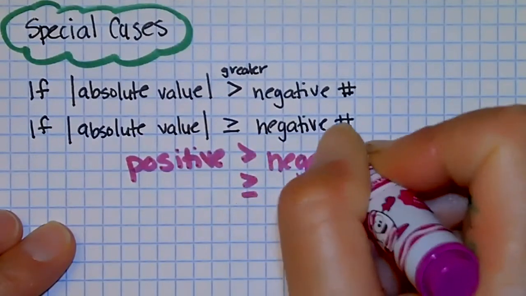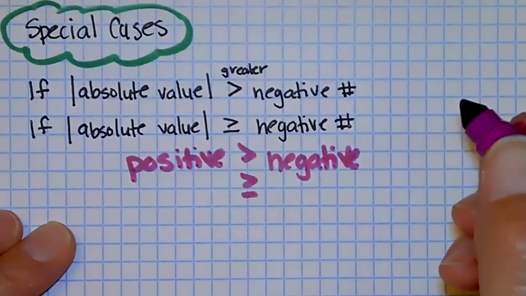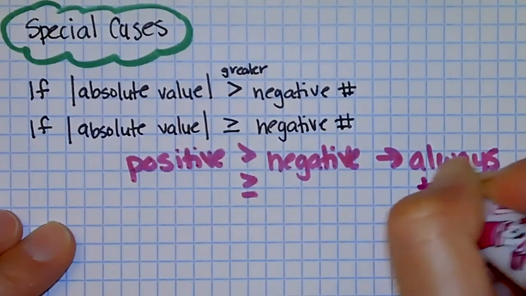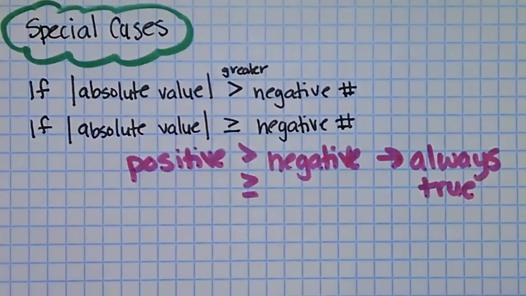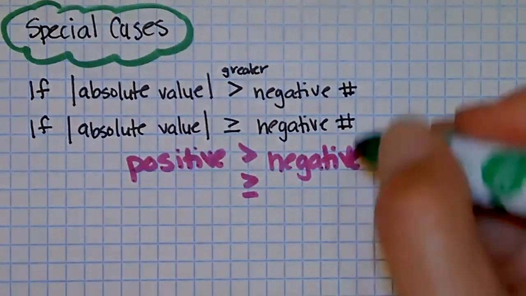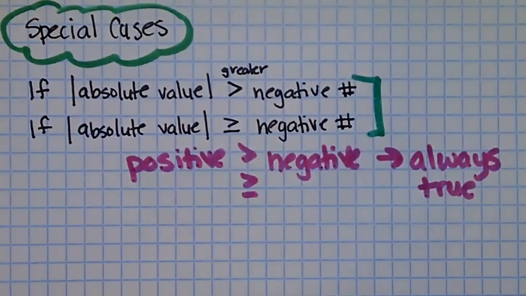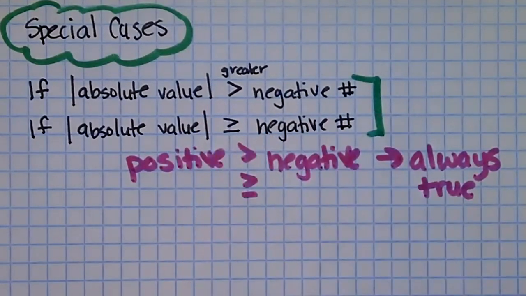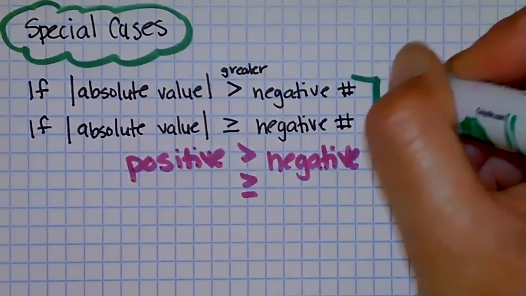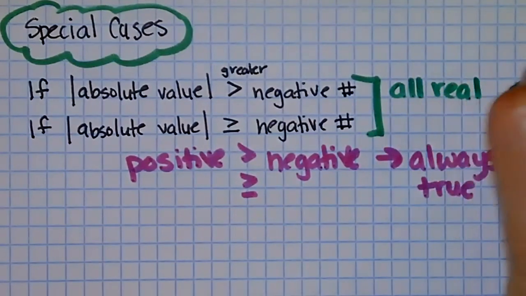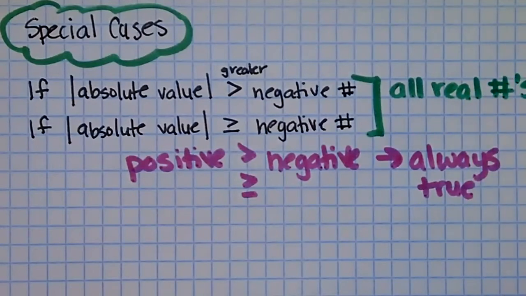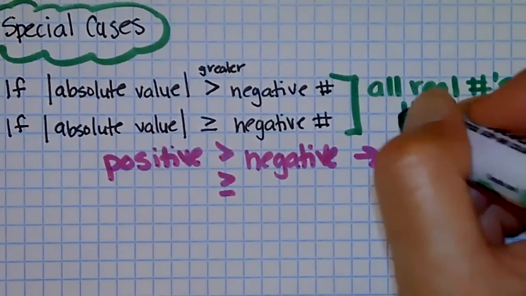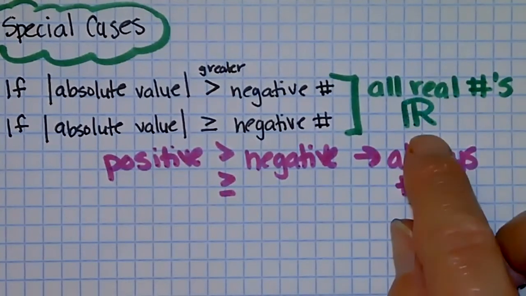And we need to decide if that's true or false. Well, that's always true. So what that means is that whenever I have these two cases and I have an absolute value and it's greater than or equal to a negative, my answer is going to be all real numbers. Or you can also write it this way. This is a symbol for it. When you have double lines here on your R, that symbol means all real numbers.